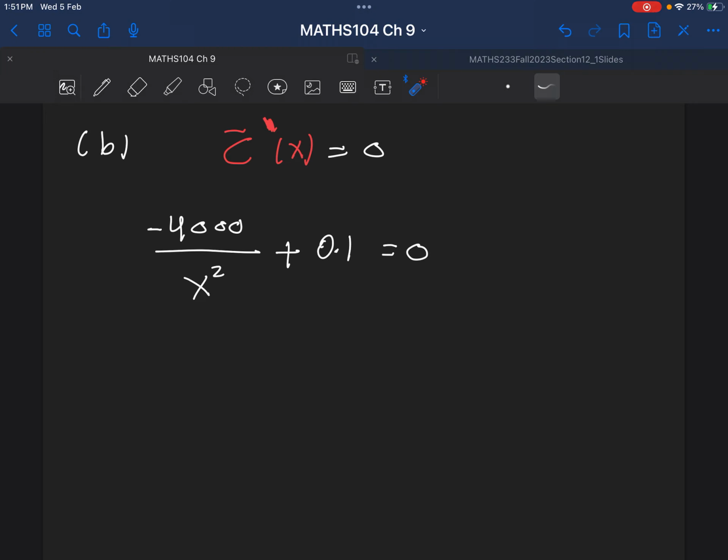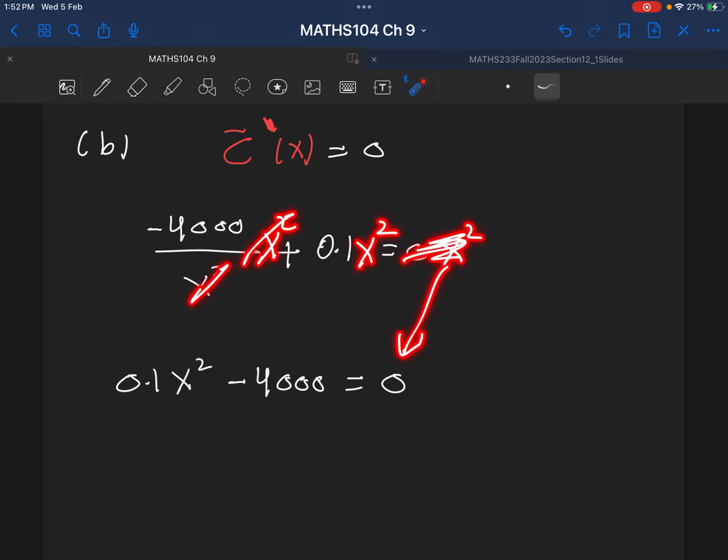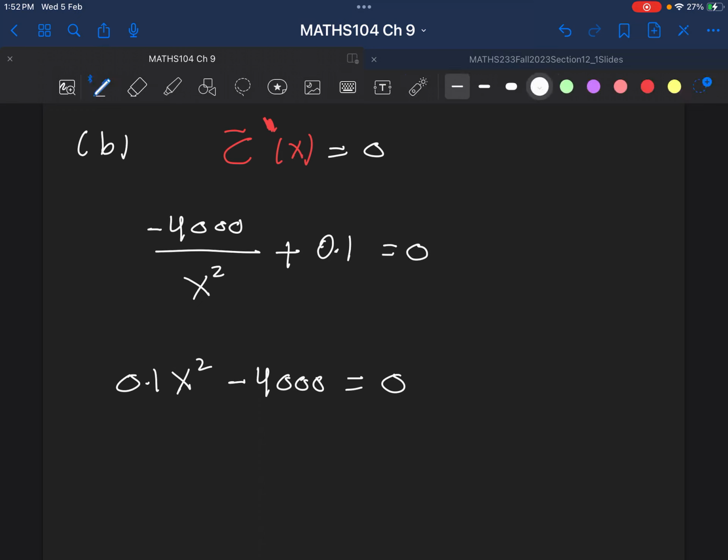So what we do is, again, we multiply the whole equation by x squared so that we get 0.1x squared, minus 4,000 without the x squared, because if you multiply by x squared, it cancels with the denominator. Now, this is of course an equation that we all can solve.